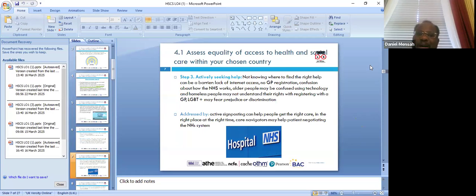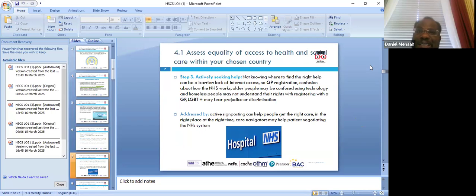Okay. Now, it is important that we understand that healthcare inequalities do not only affect the carers, but also the patient as well. So from your explanations, what you have said, we've had issues of accent, issues of unfair treatment and reportage, and issues of cultural barriers and all that.